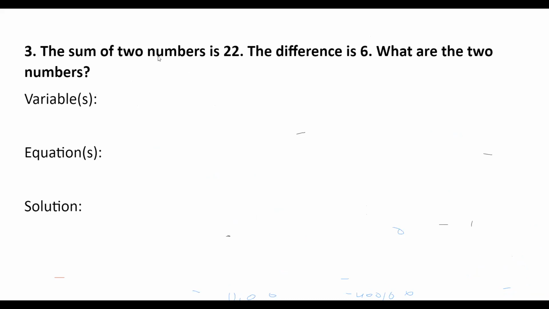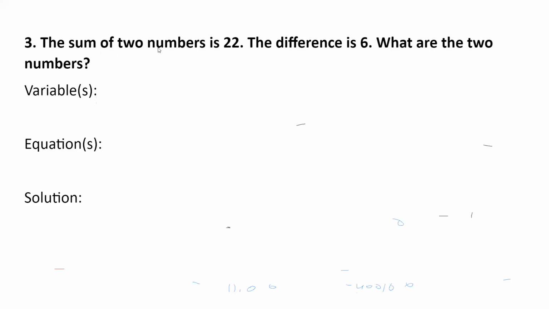Okay, the sum of two numbers is 22. The difference, so that means you're subtracting, is 6. What are the two numbers? So we're going to have to define our variables. Usually, like always, you're just going to use x and y.